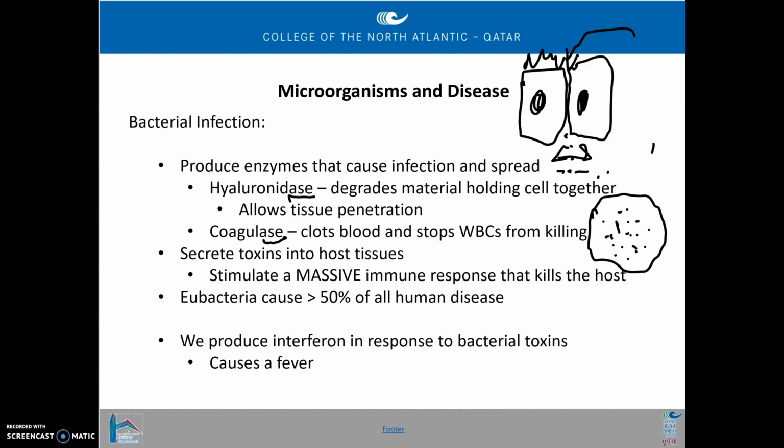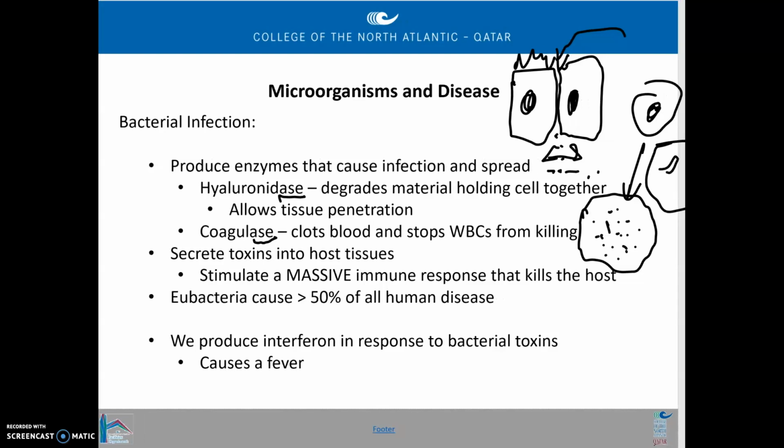So the white blood cells, which are on the outside, and the white blood cells have all kinds of interesting nuclei, they won't be able to penetrate this shield to fight against the bacteria, which will allow those bacteria to keep multiplying and growing in numbers, and eventually they can also produce an enzyme that will break this clot and allow those cells to leak out and cause further infection.